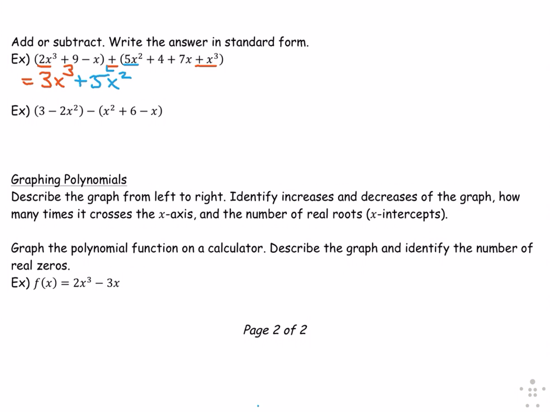And then I go to the next highest power, which is linear. So I see a negative x over here, I'm going to add that with a 7x over there for a total of plus 6x. And then lastly, I have constant, which is positive 9, added with a positive 4 for plus 13.